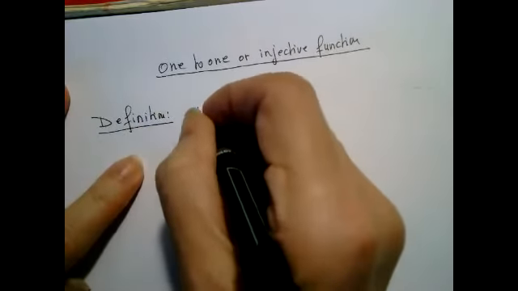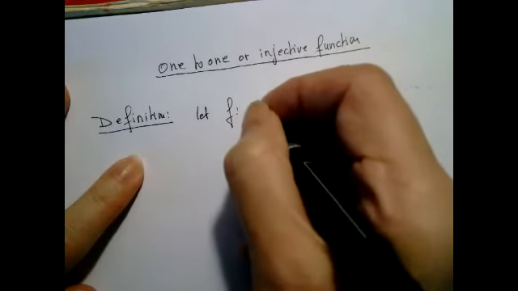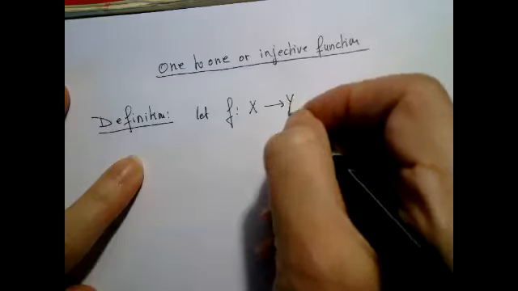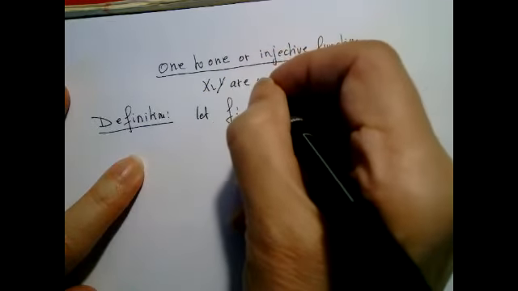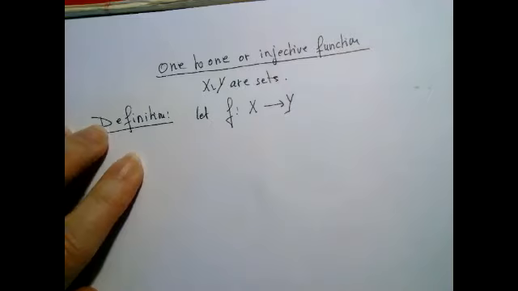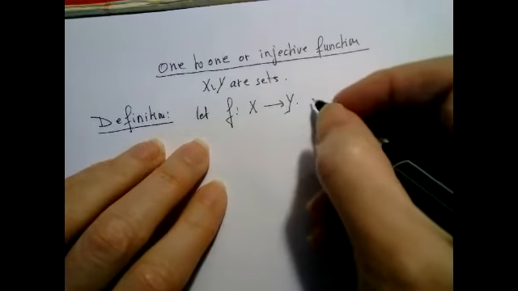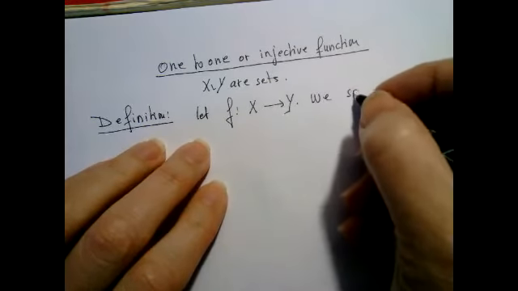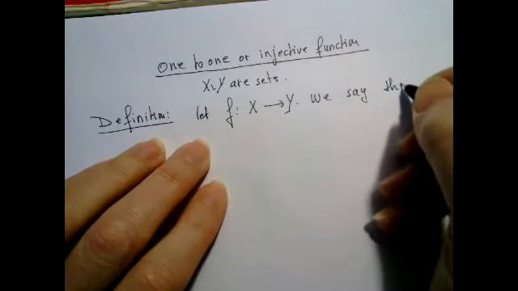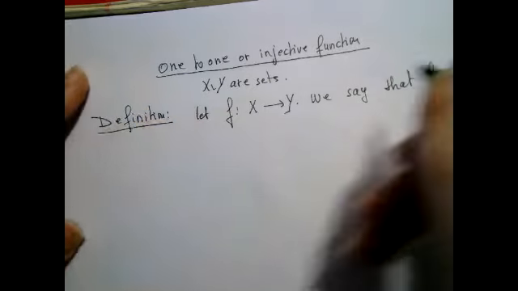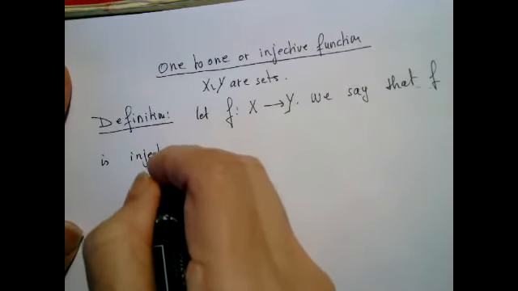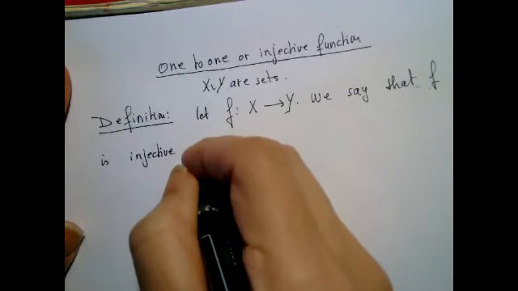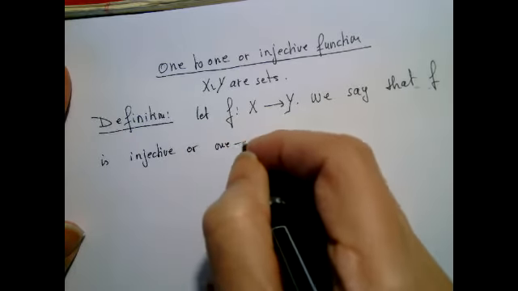Let F be a function from X to Y, so X and Y are two sets. We say that F is injective or one-to-one.